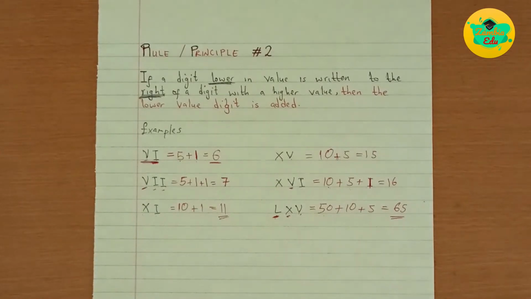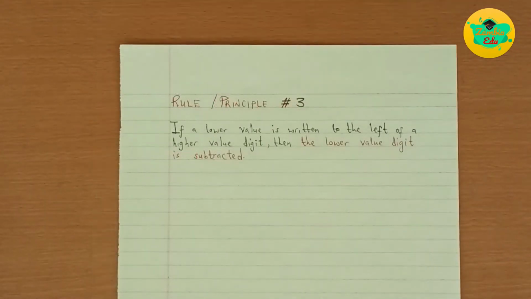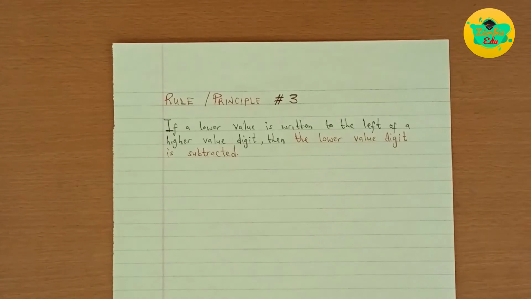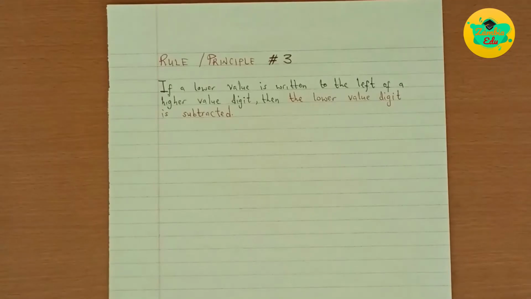It calls for an addition. Let's go to rule number 3, or rather principle number 3. Principle number 3 says, if a lower value is written to the left, remember in rule number 2 we said if the lower value is written to the right, but in this particular case it has turned around now.